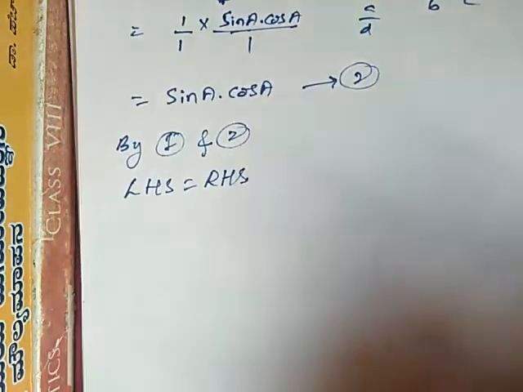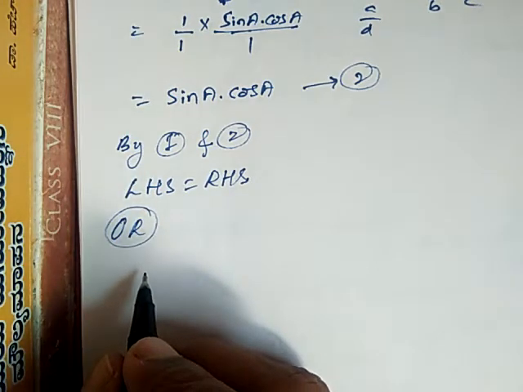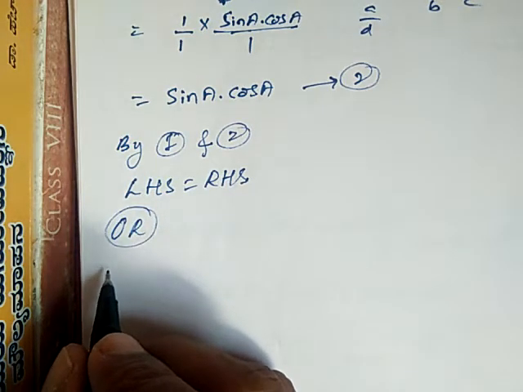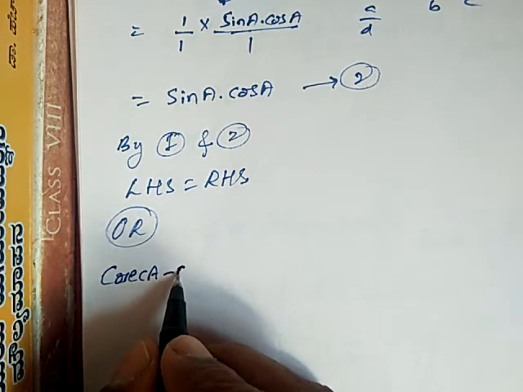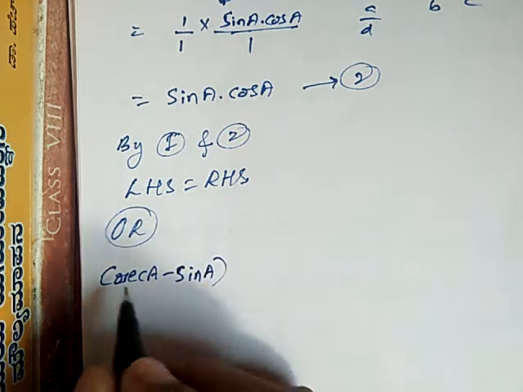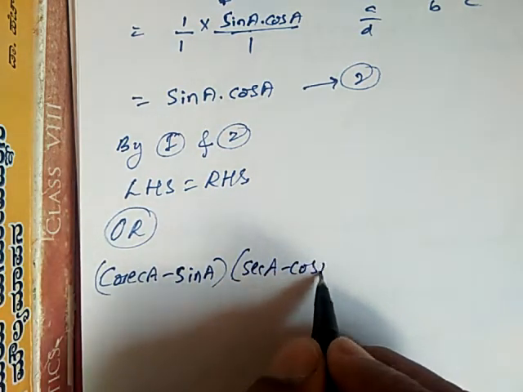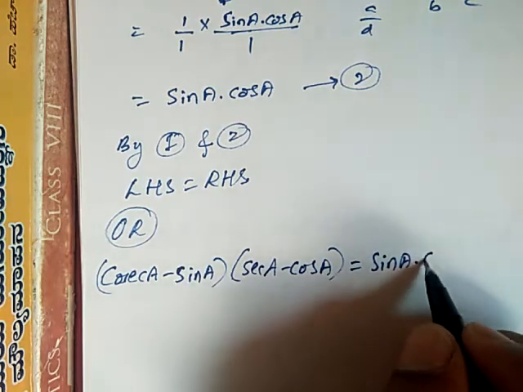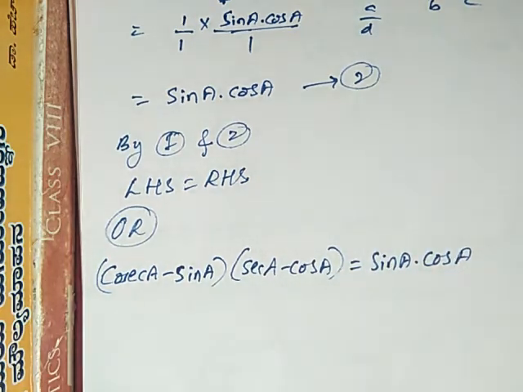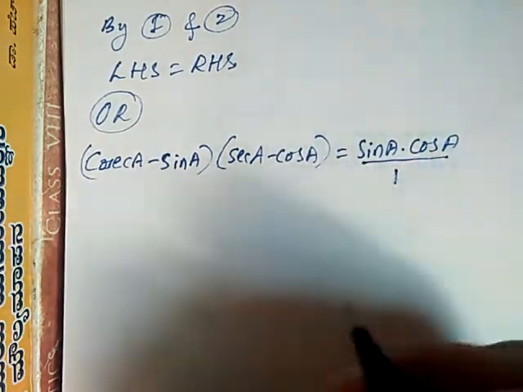This is one way. Or you can write it this way: you got cosec A minus sin A into (sec A minus cos A) is equal to sin A into cos A. When you got sin A into cos A, divided by 1, if nothing is there, 1 is there.